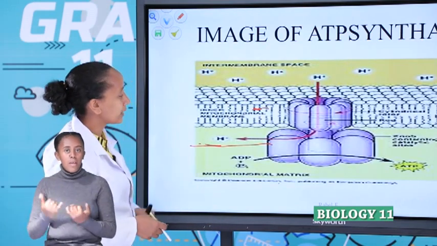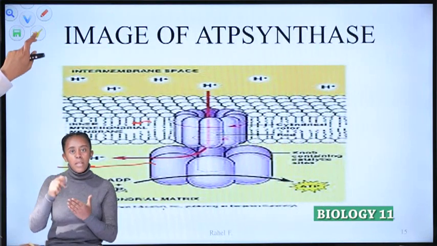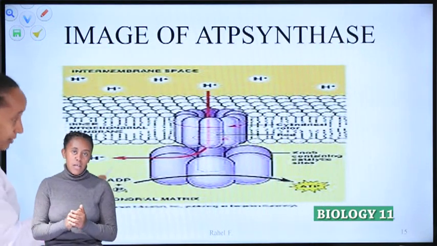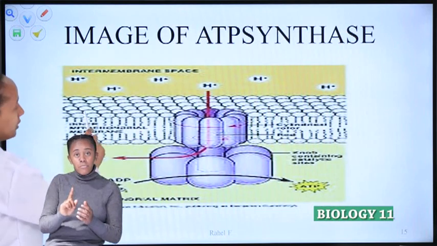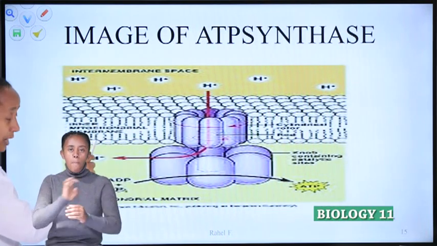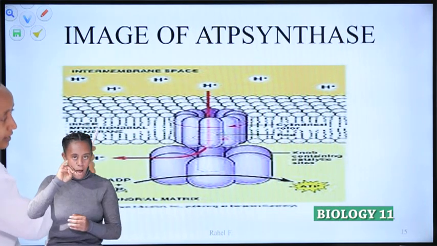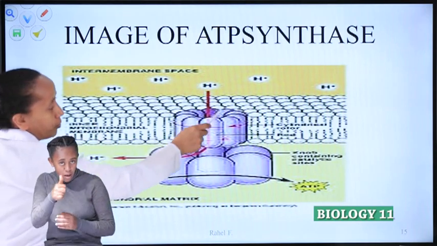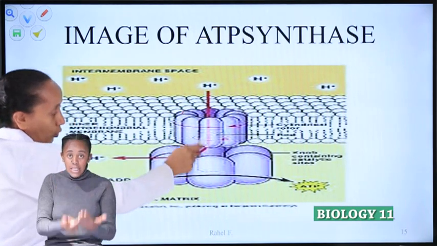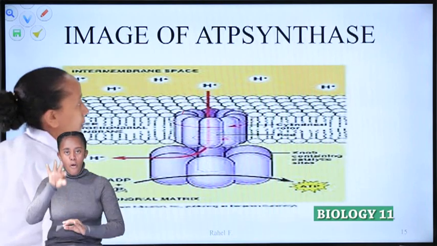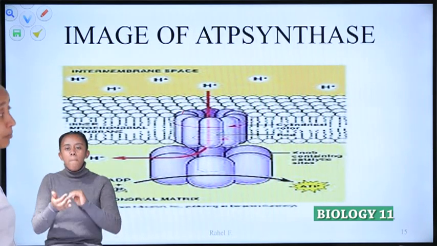Here we have the diagram for ATP synthase. ATP synthase, as I have told you, is found in the inner mitochondrial membrane as a membrane protein.